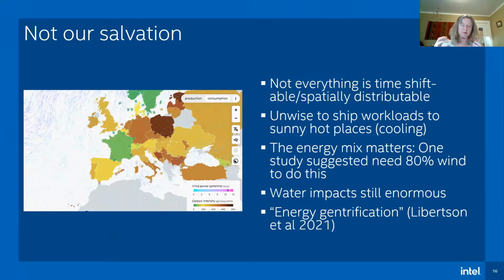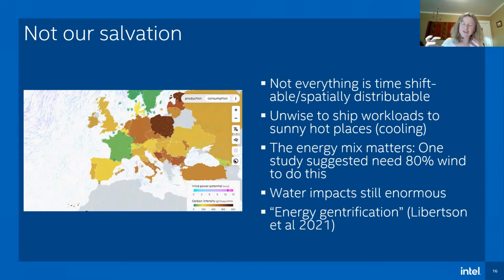What I want to do is be very clear about what the limitations are. Not all computing workloads are time shiftable and space shiftable, and that's a really important area of research to try to comprehend.